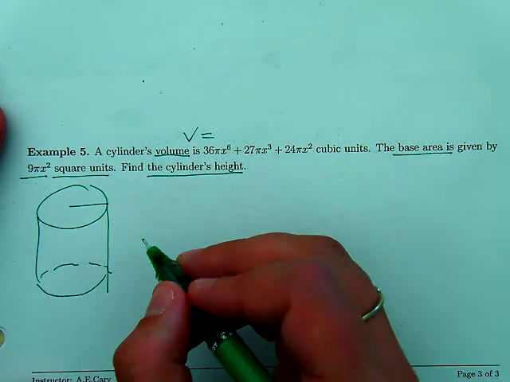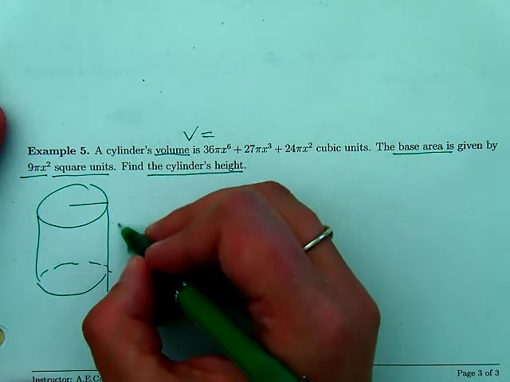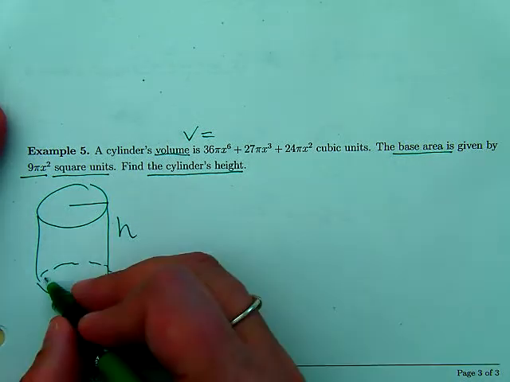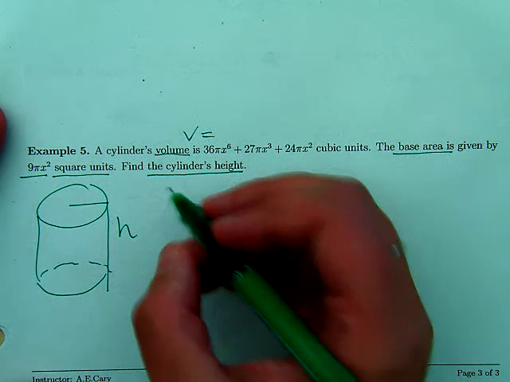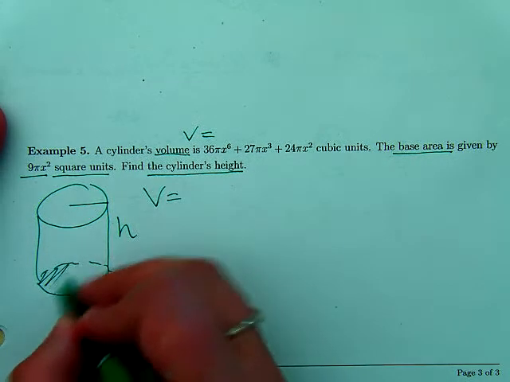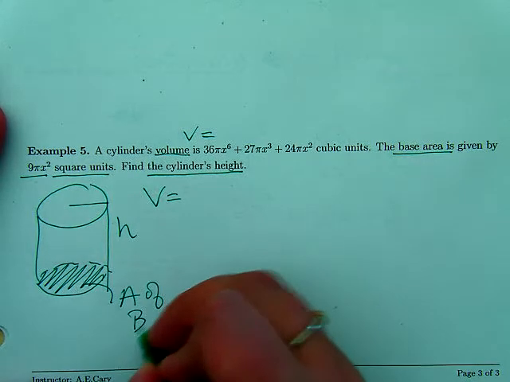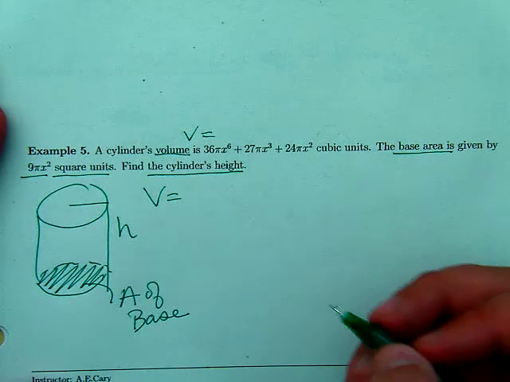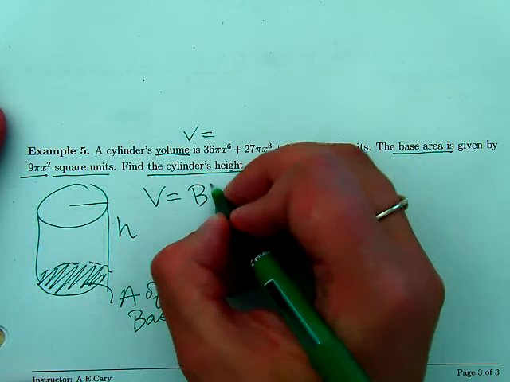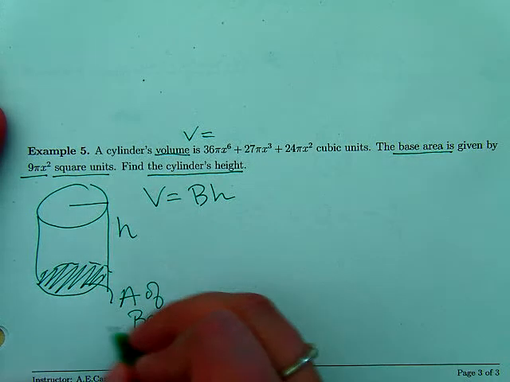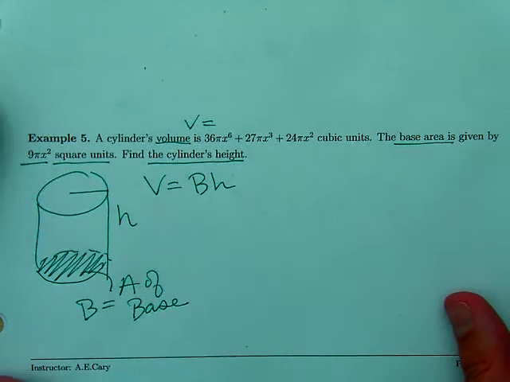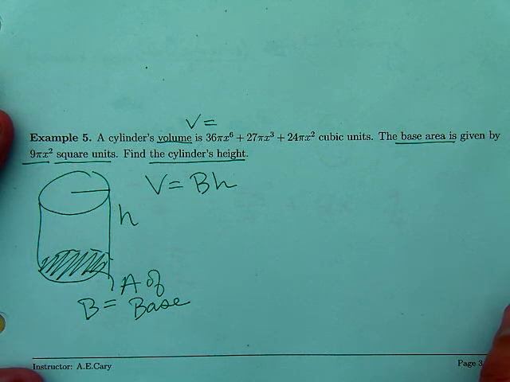So before, when I was talking a little bit about geometry, I was saying that to find the volume, the volume is the area of the base times the height. Big B would be the area of the base.